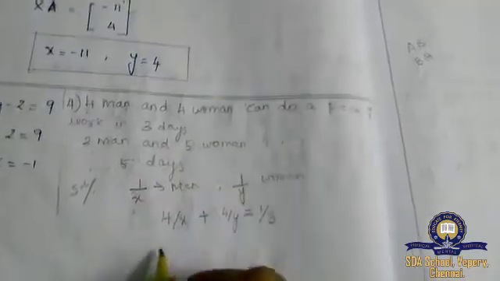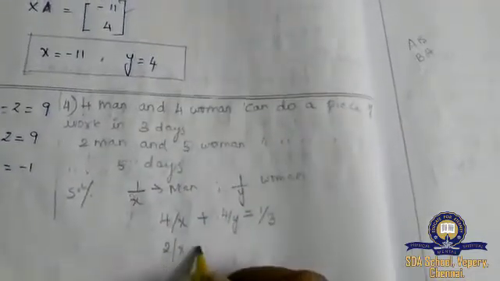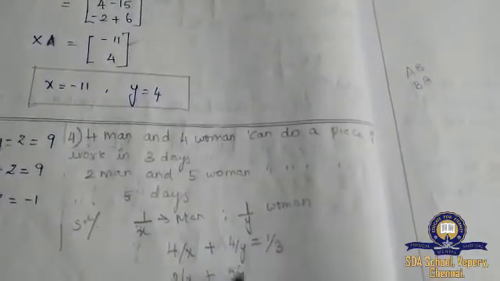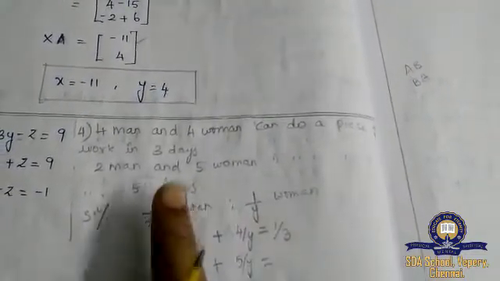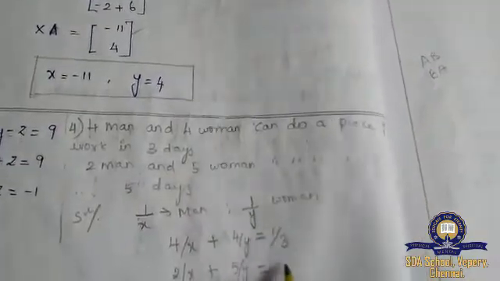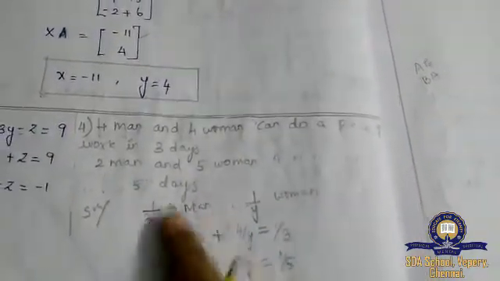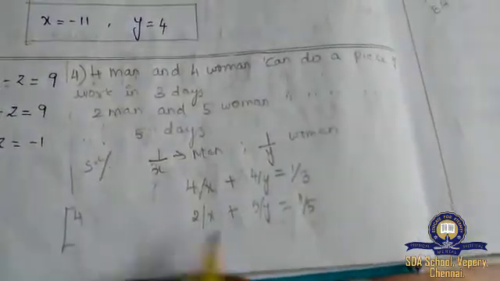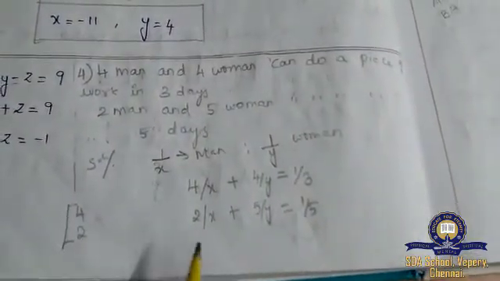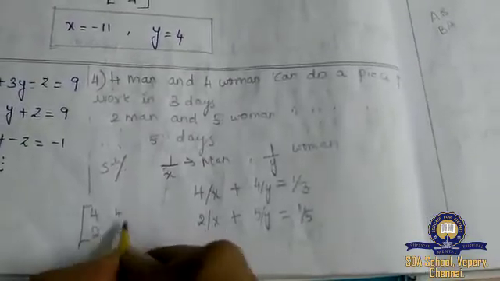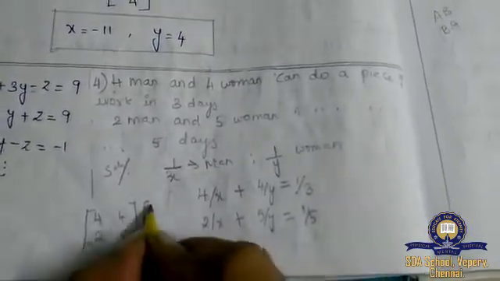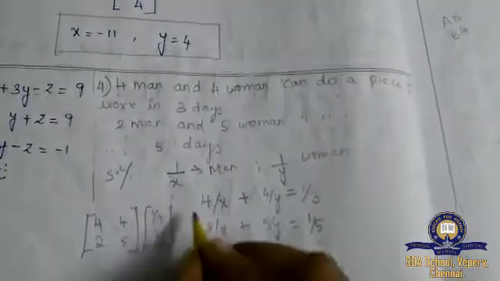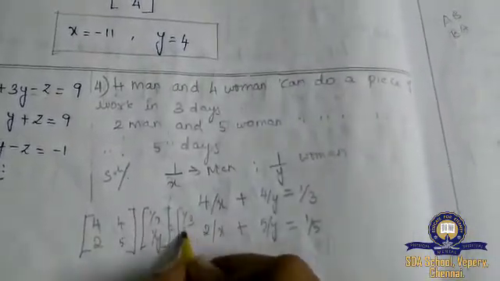So similarly 2 by x plus 5 by y equal to how many days? 5 days, so 1 by 5. From that we need to take out the matrix form. So the matrix form: 4 2 and 4 5, and here 1 by x, 1 by y is equal to 1 by 3, 1 by 5.